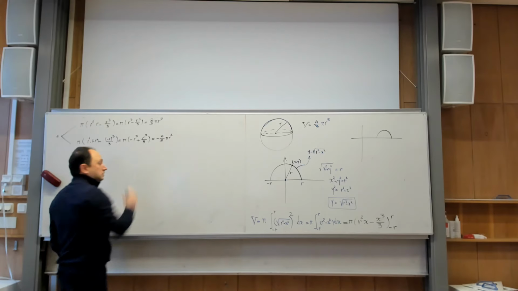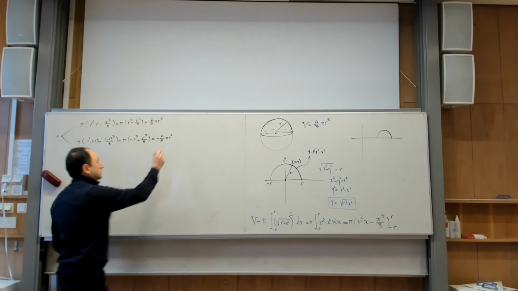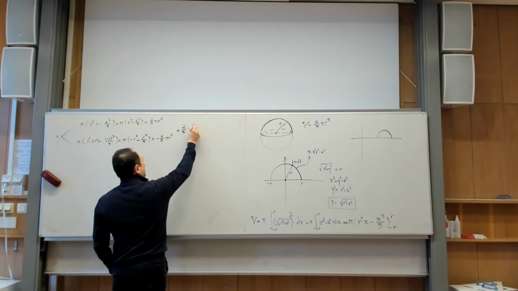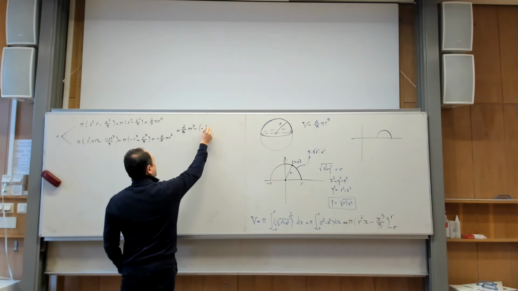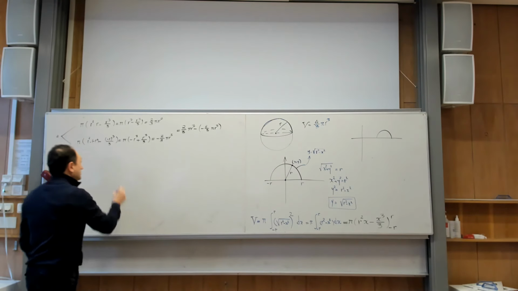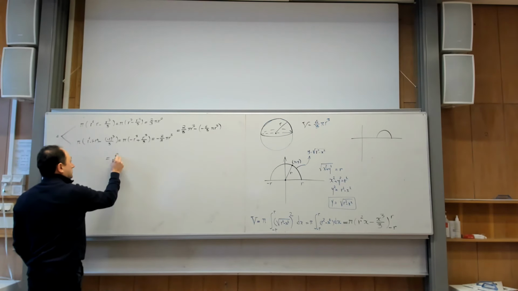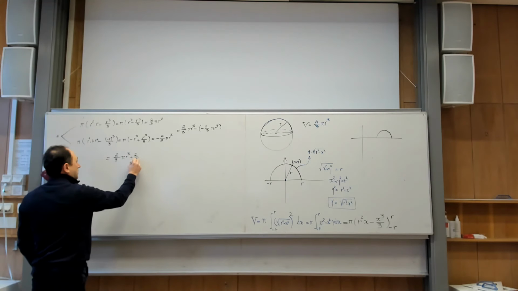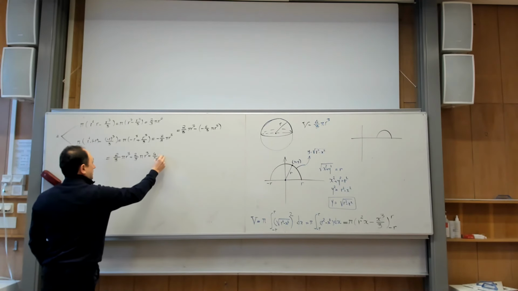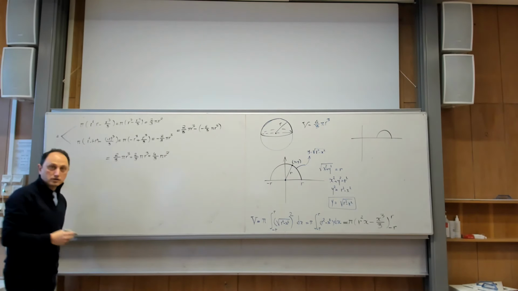Then I go back to horizontal, I have to write the number above minus the number below. And then, as you predicted, the answer becomes 2/3 pi r cubed plus 2/3 pi r cubed. So this becomes 4/3 pi r cubed. That is exactly what we got.